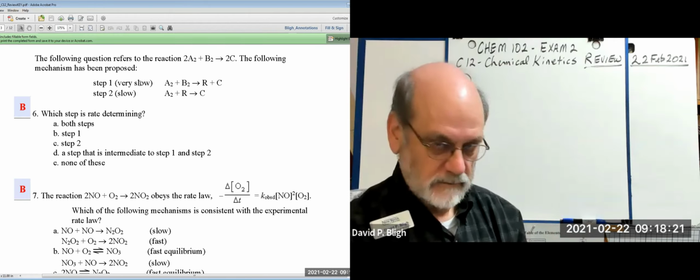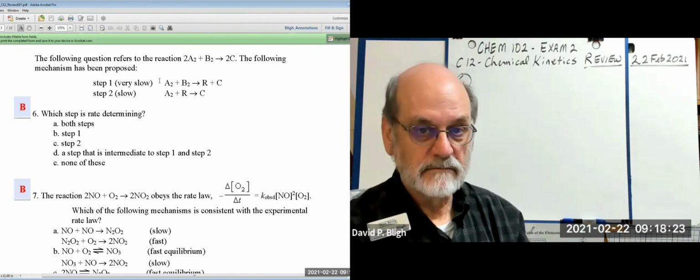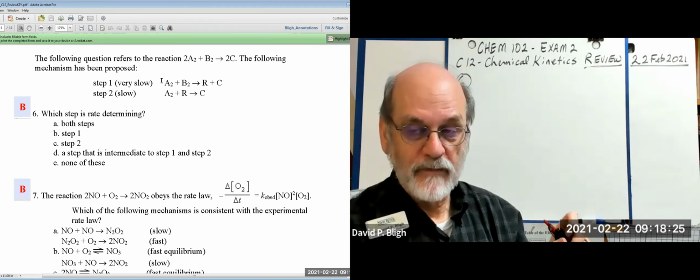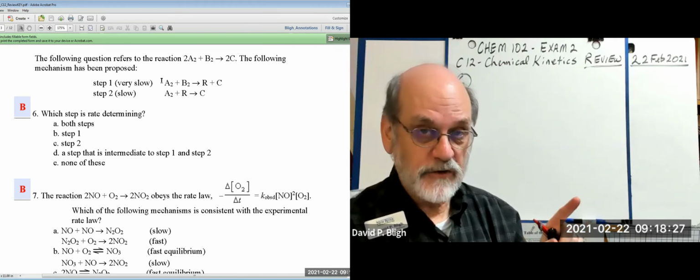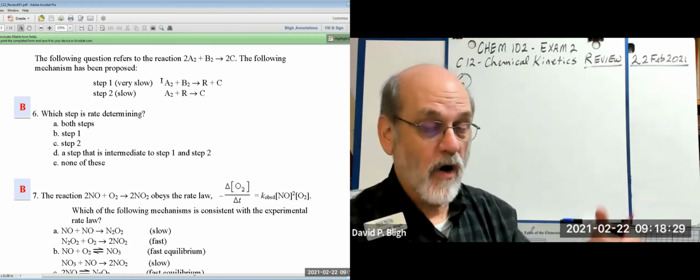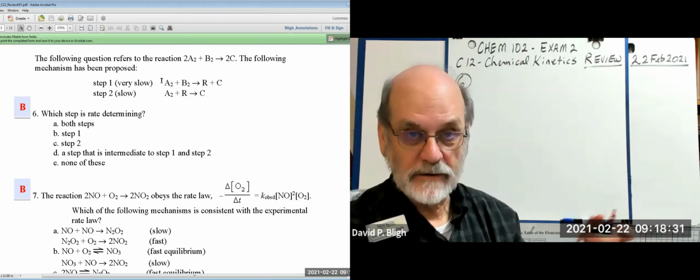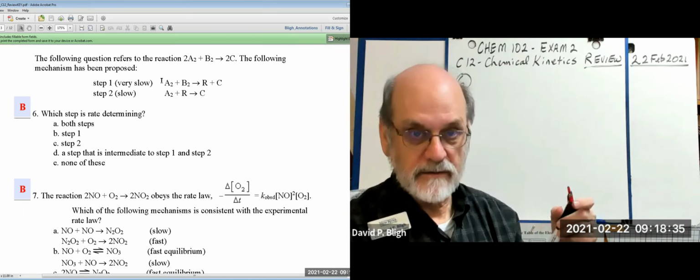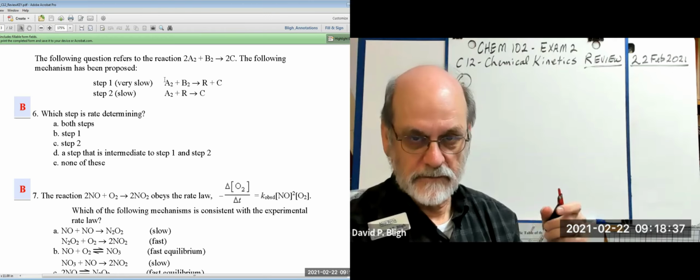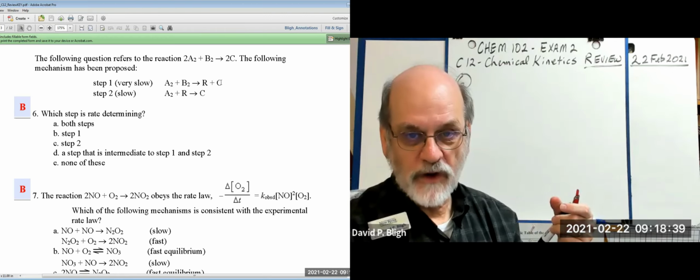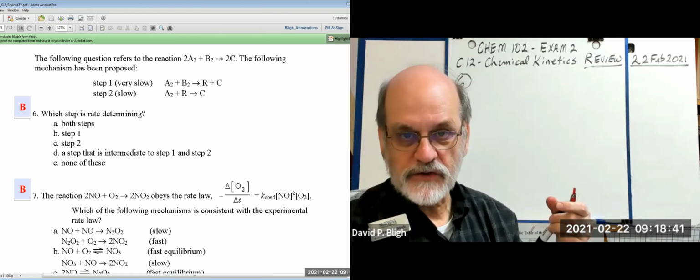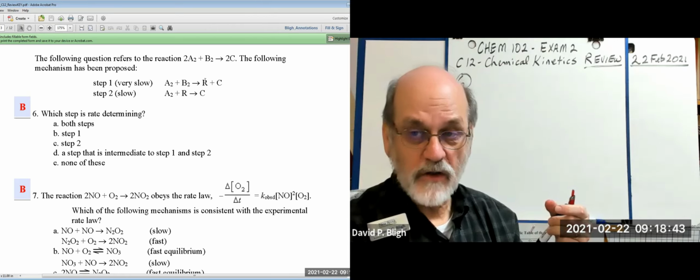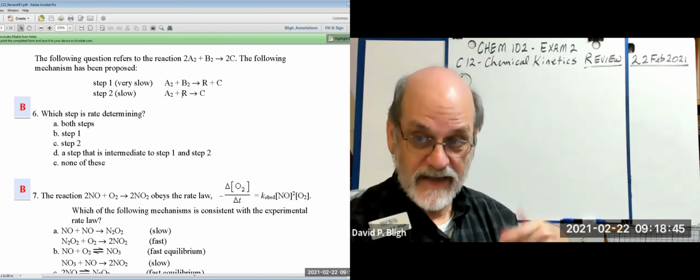First of all, what's the first rule? You have to add up the elementary steps and get the overall equation, right? Hess's law. If you can't do that, then the mechanism is bogus. Throw it out. So let's check. All right, there's one C and there's another C. So there's your two C's. That R is on the right and that R is on the left. They cancel.